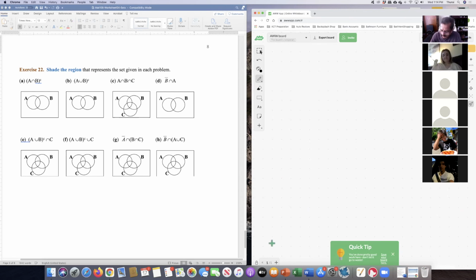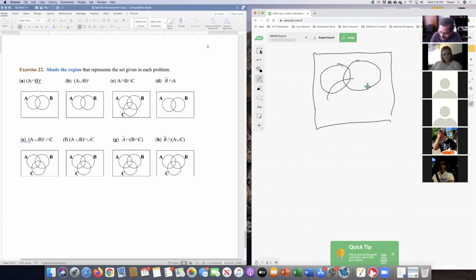A union B complement. First, you have to figure out what that is. So here's A, B. Are we doing E or F? Are you doing part E? Yes. Okay. So A and B and C, we are combining A union B, finding the complement of that. I'm going to shade A union B complement first. This is my work picture.